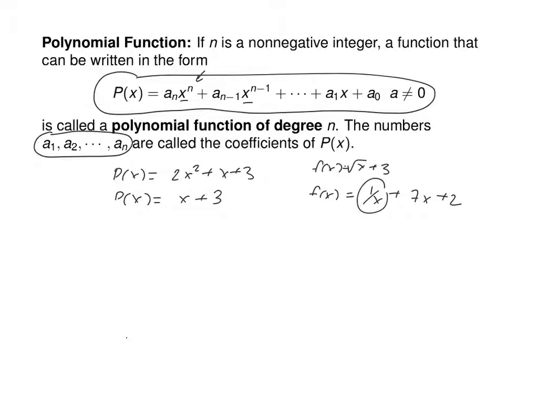So if it was 1/3 x plus 7x plus 2, we'll even say squared there, yes. So your coefficients can be fractions. That's okay. They could even, if you want to be really crazy, pi x cubed. And same thing with square roots too, as long as the x is not in the square root.